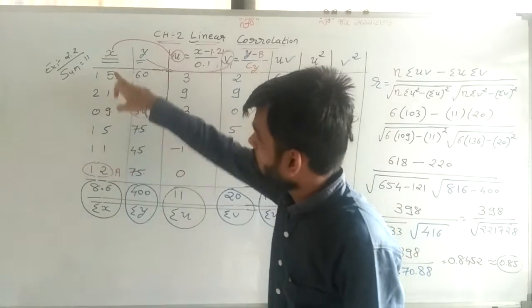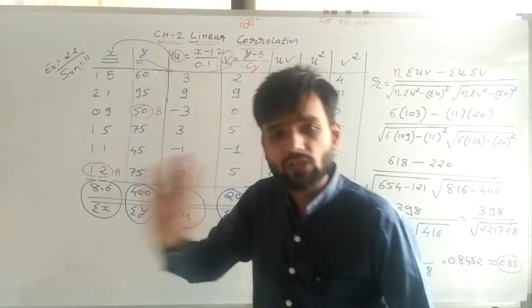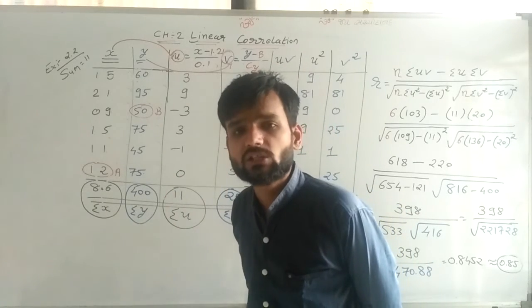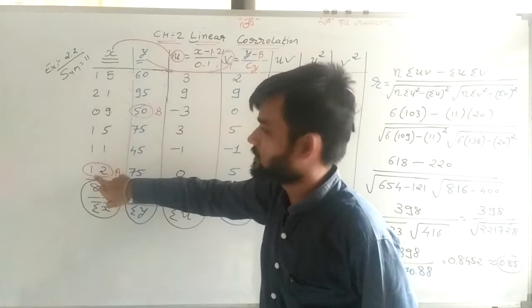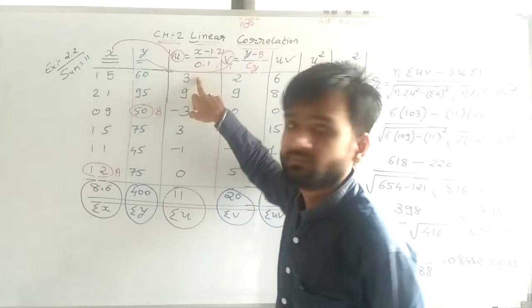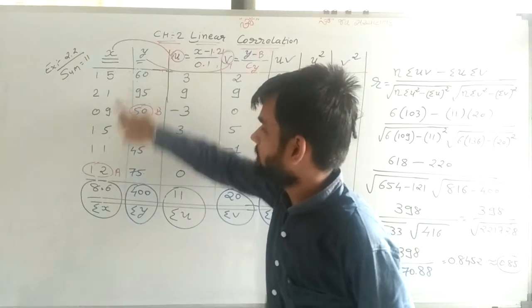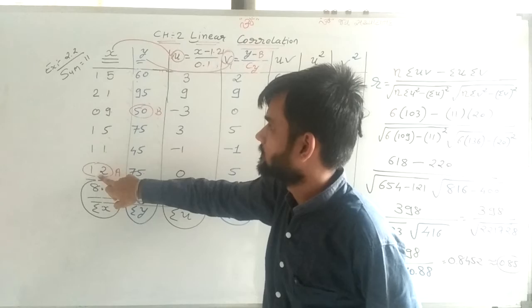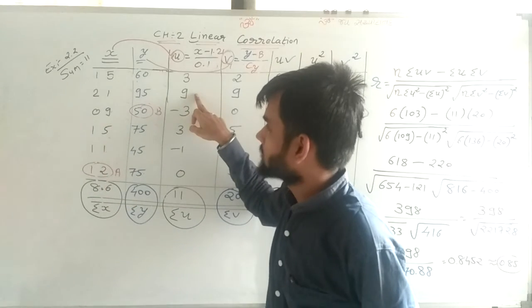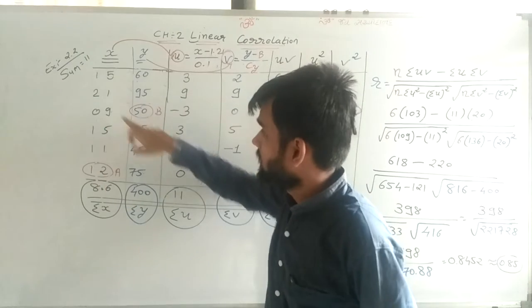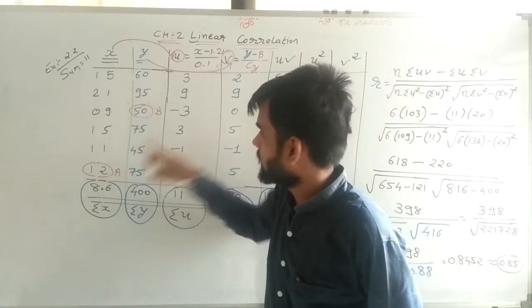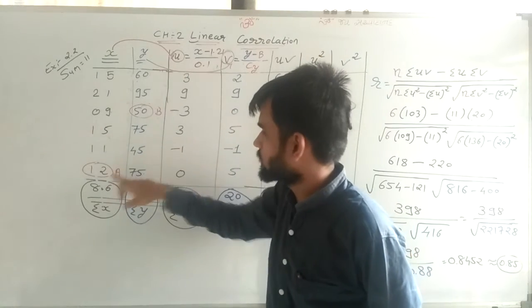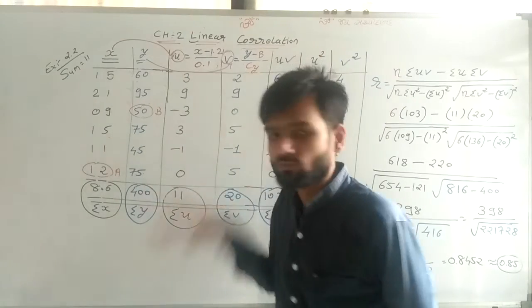So deduct 12 from all the values. So 15 minus 12, answer is 3. 21 minus 12, answer 9. 9 minus 12, so minus 3. 15 minus 12, 3. 11 minus 12, minus 1. 12 minus 12, 0.